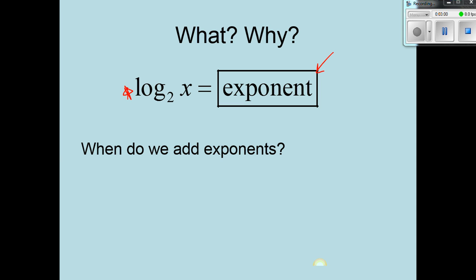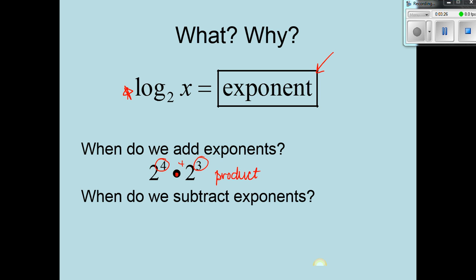When do we add exponents? Well, guess what? When we have a product. So when we have a product, we add exponents. Well, when we have a product in a log, we can expand that to being an addition.